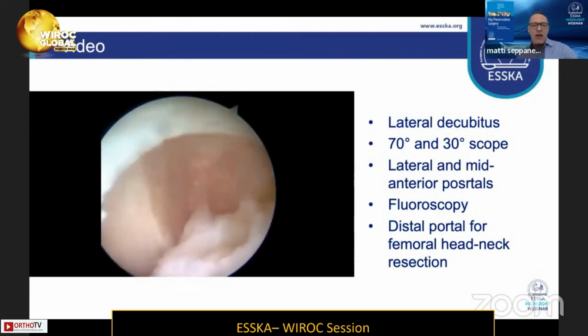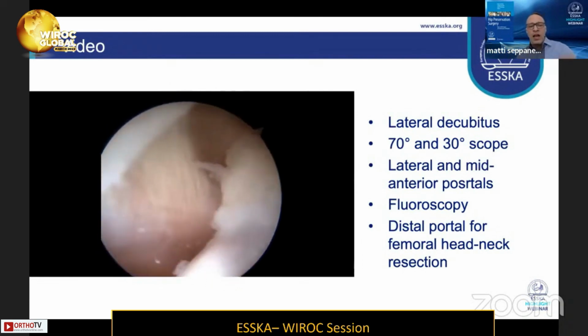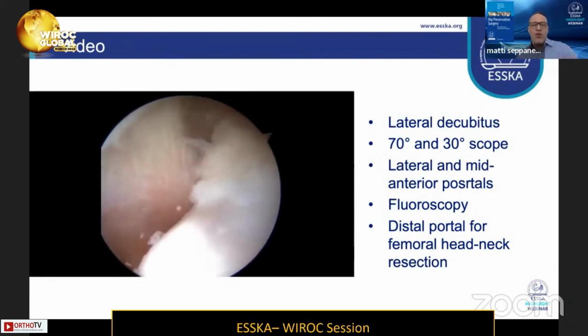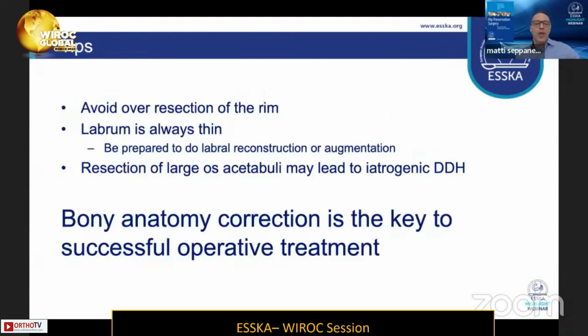And you can see how the flexion goes and the labrum moves freely over the femoral head. I usually use a 70 degree scope and try to be careful not to do too much capsulotomy. If you use large capsulotomies, I recommend that you also suture the capsule afterwards.